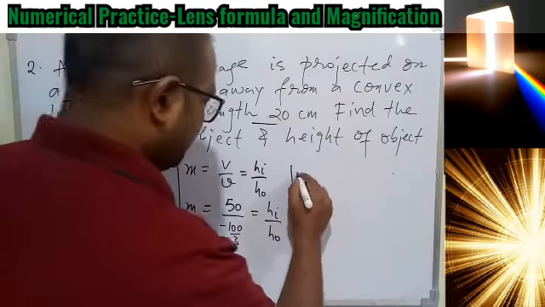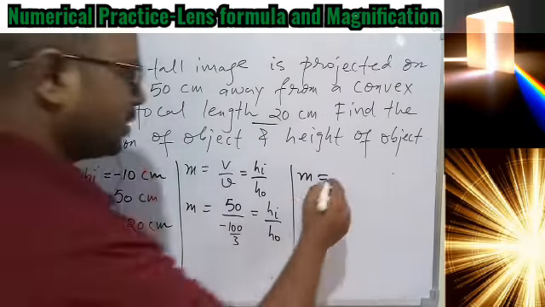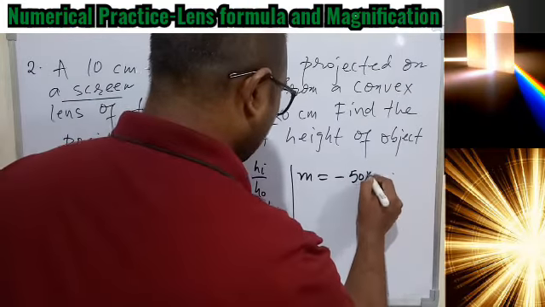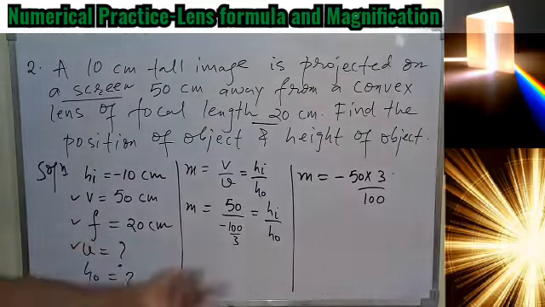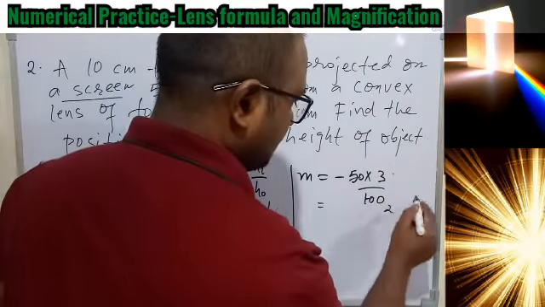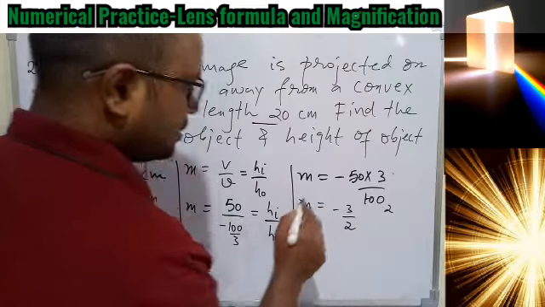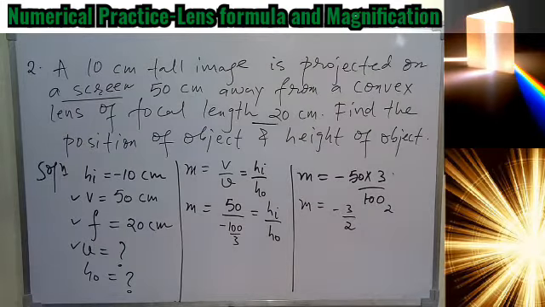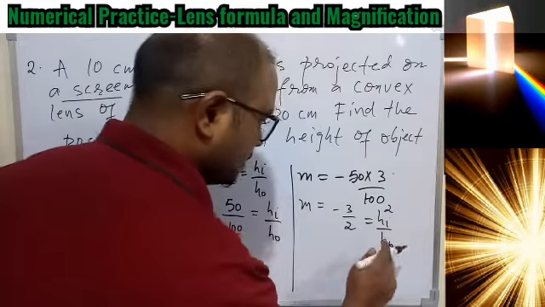So this will become m is equal to minus 50 into 3 by 100. 100 by 3 will become 3 by 100, and this will become 2 times, minus 3 by 2. So we are getting magnification as minus 3 by 2, and that will be equal to height of image by height of object.